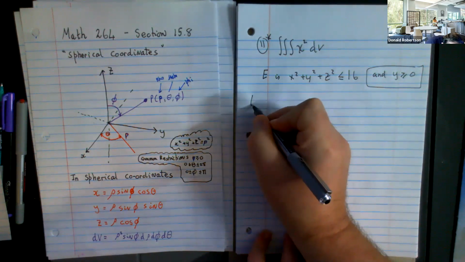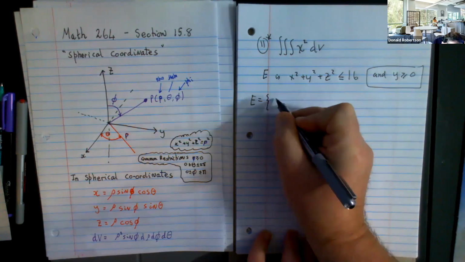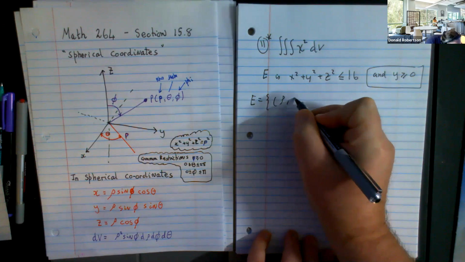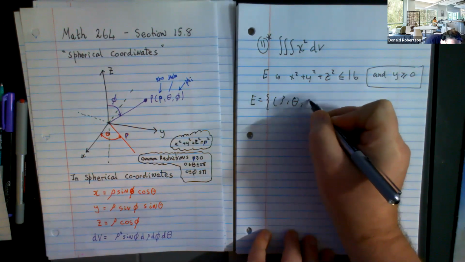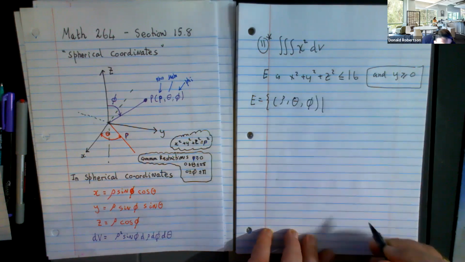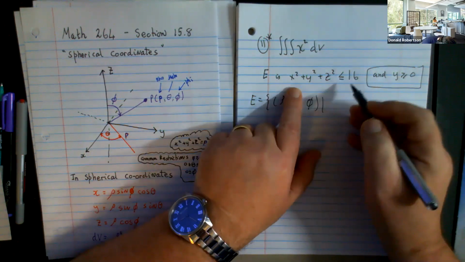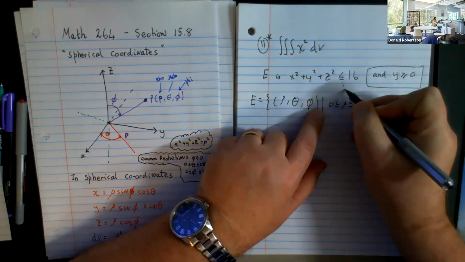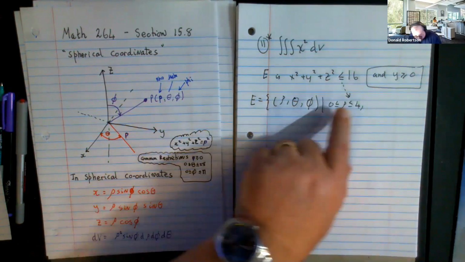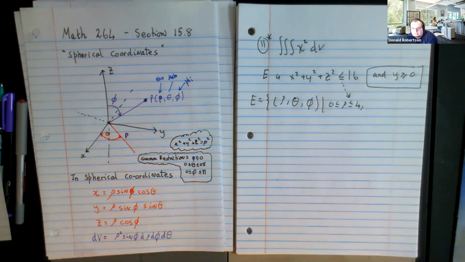So if I want to describe E, rho, theta, phi. This pretty much just tells me that, and that's good. It tells me something I can use. Now, what about the y greater than or equal to 0?